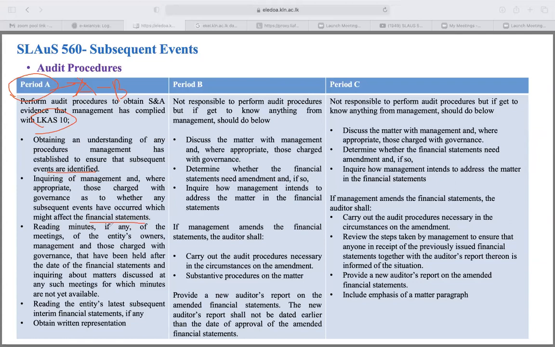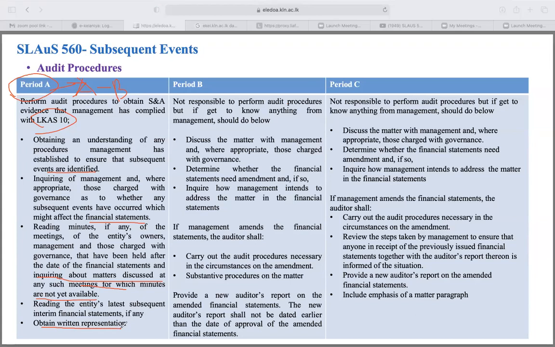Reading minutes, if any, of the meetings of the entity's owners, management, and those charged with governance that have been held after the date of the financial statements, and inquiring about matters discussed at such meetings for which minutes are not yet available. Reading the entity's latest subsequent interim financial statements, if any, and obtain written representation.